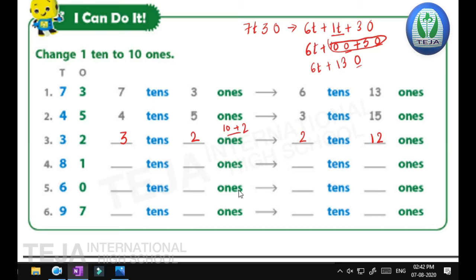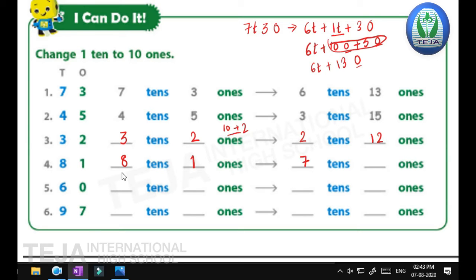Now next, here the fourth one, 81. 1 is in the ones place and 8 is in the tens place. So write 8 tens, 1 ones. Now from 8 we'll take 1 ten. So how many tens, children, here? 7 tens.